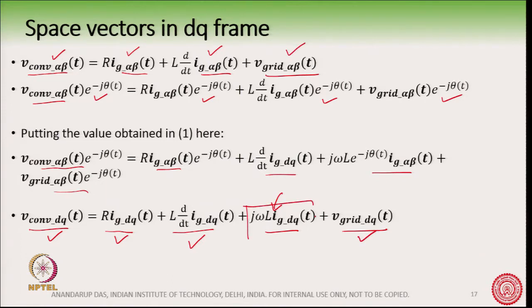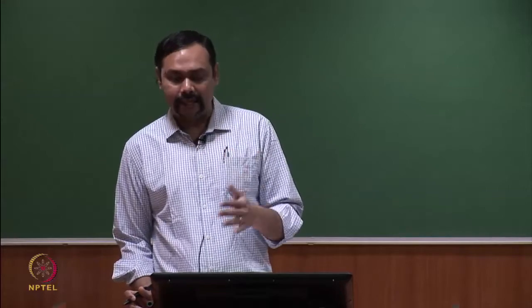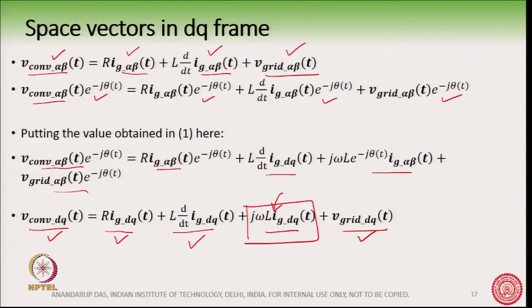But this term comes new in this equation, and it is the term which we have to take care of. This is a problematic term, we will see that. So this is what comes up in the equation.